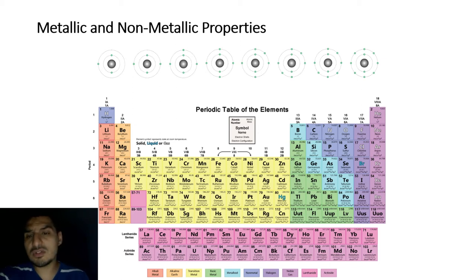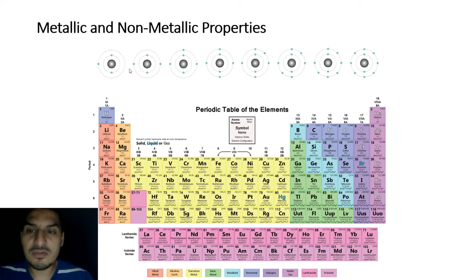So if we try to understand how the metallic properties change, we know that these are metals, and these are non-metals, and we know that this has very strong metallic properties, and this is because, as you see from this, there is only one electron in the outermost energy level, and it is making the atom very unstable.